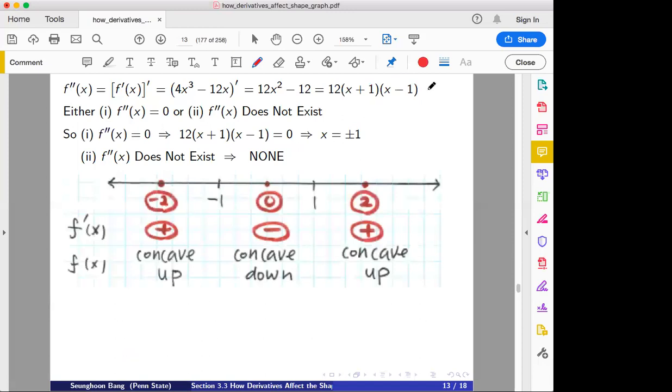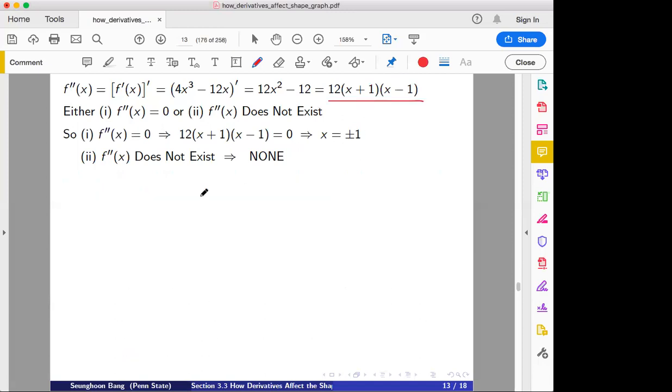The next one, you can draw like this. You draw the line. You plot the points minus 1 and 1. You can check whether the second derivative is positive or negative. You can choose a point here, negative 2. You plug negative 2 into x. Negative 2 plus 1 is minus 1. Negative 2 minus 1 is negative 3.